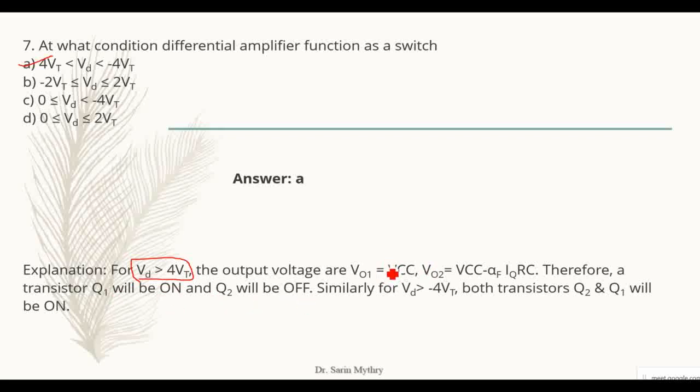Depending upon these conditions, whenever the Vout is equal to VCC, in this case your transistor Q1 is going to be on. In the differential amplifier, I have just drawn the diagram here. Your transistor Q1 will be on.